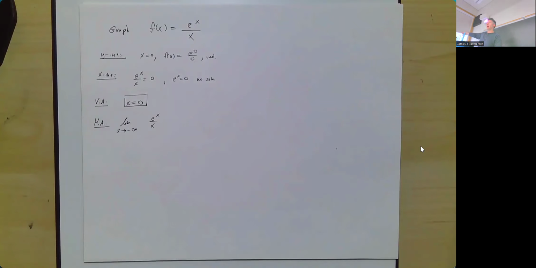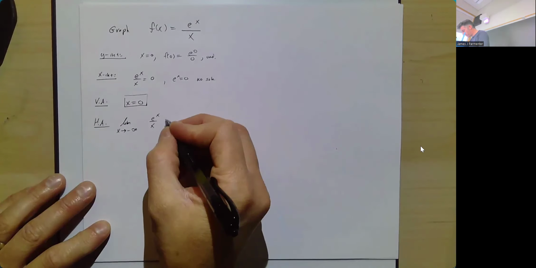I really encourage all of you: you should have a clear vision of what e to the x looks like when you close your eyes and look in your head. Or if that doesn't work for you, when you look at your right hand. So if you think about e to the x and you go way to the left, are we getting really, really big or really, really close to zero? You should be able to see that without doing anything.